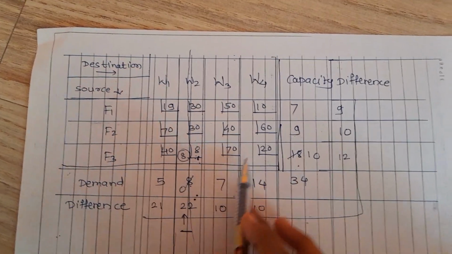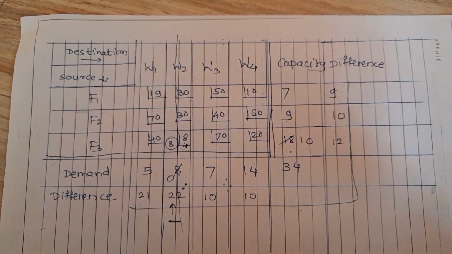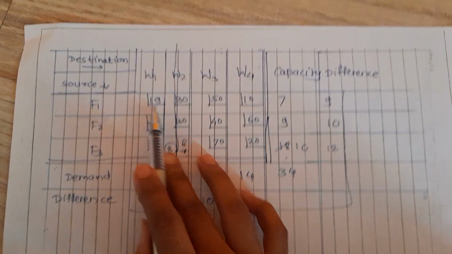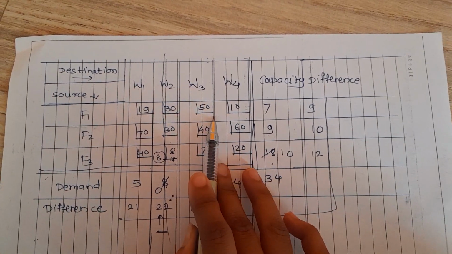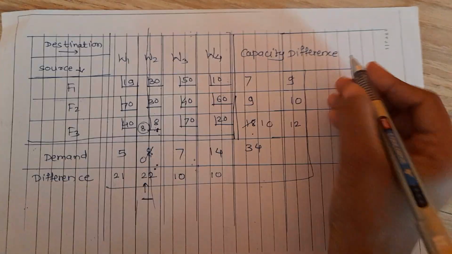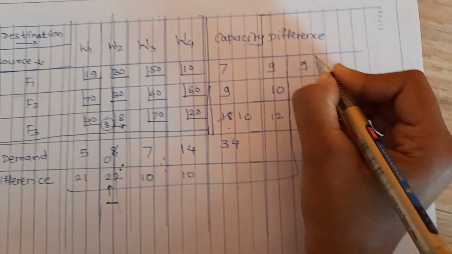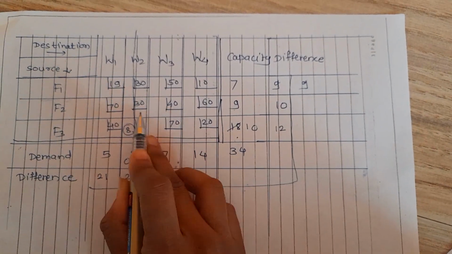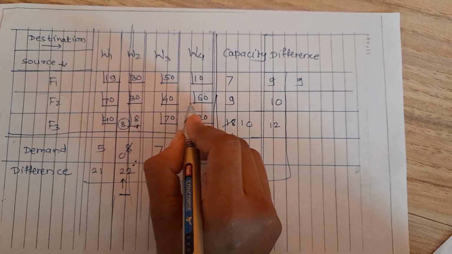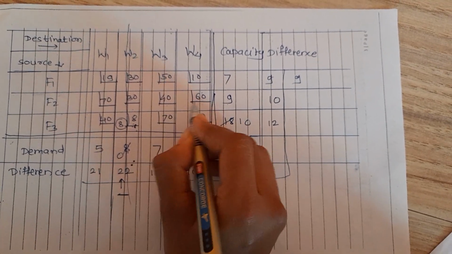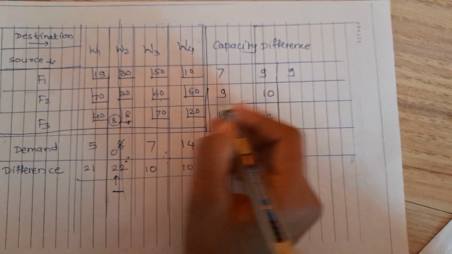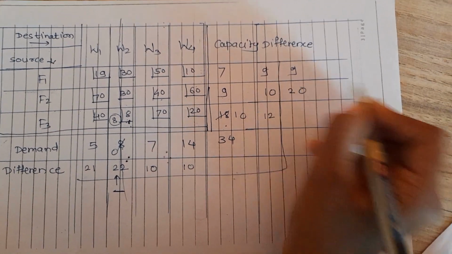Now next, again find the same type of differences. First row 19, 50, 10: the minimum are 19 and 10, therefore write the difference 9. Second row 70, 40 and 60: the minimum values are 40 and 60, and 60 minus 40 is 20.